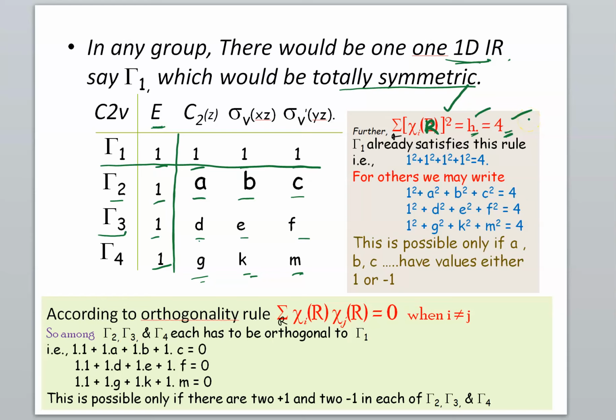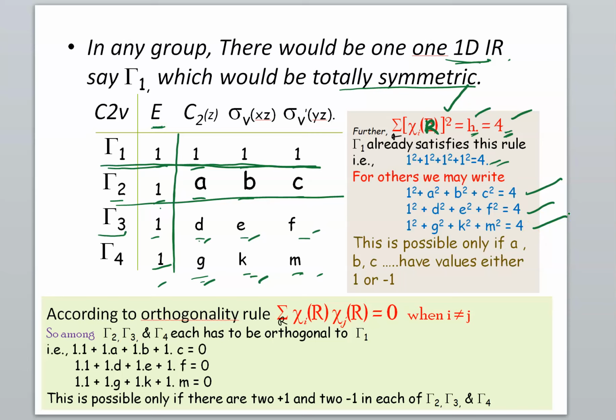Therefore, it should be 4. And this first representation already satisfies this rule, because 1 squared plus 1 squared plus 1 squared plus 1 squared is equal to 4. For the other representations, we can write 1 squared plus a squared plus b squared plus c squared is equal to 4. And 1 squared plus d squared plus e squared plus f squared is equal to 4. 1 squared plus g squared plus k squared plus m squared is equal to 4.